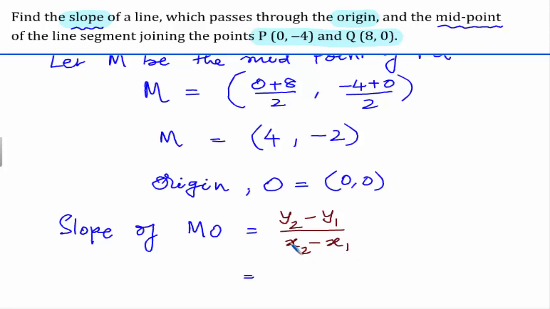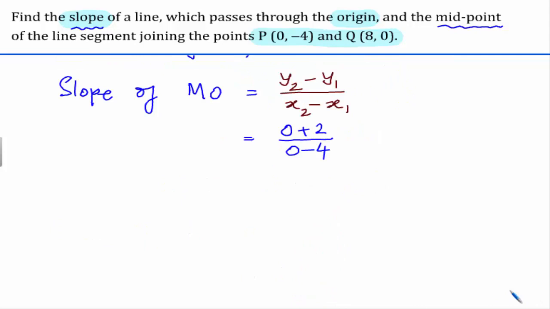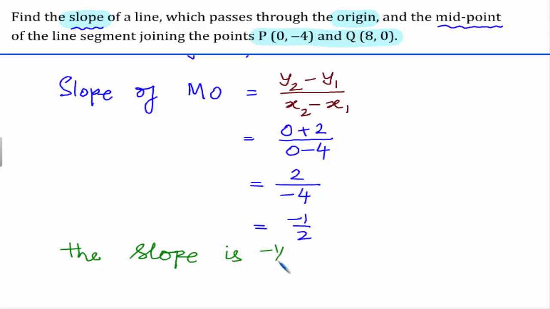Now if we substitute that, 0 minus of minus 2 by 0 minus 4. And here we get 2 by minus 4, which is minus half. So the slope is minus 1 by 2.